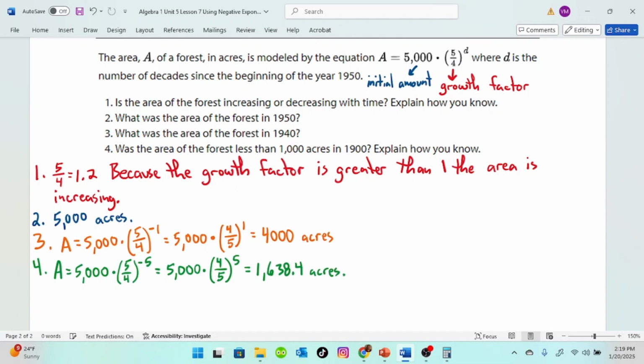So the answer would be no, it was not less than 1,000 acres in 1900.